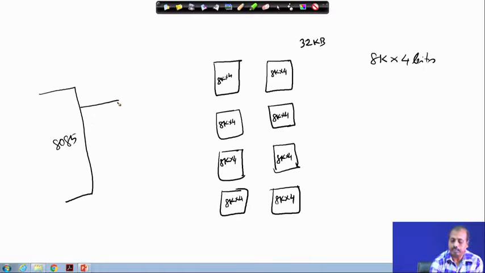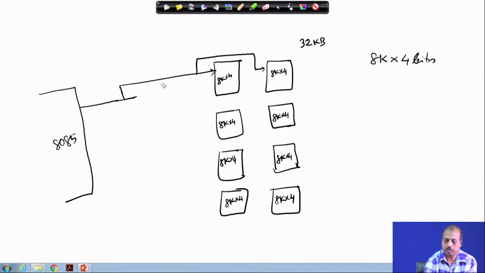So, these address lines, 8K, so A0 to A12, go to the individual chips. So, A0 to A12 is connected. So, we are making connections like that.